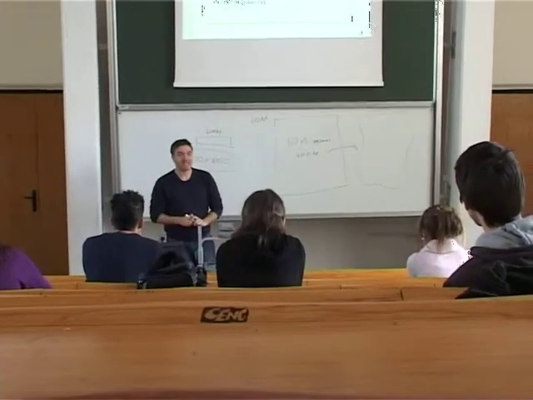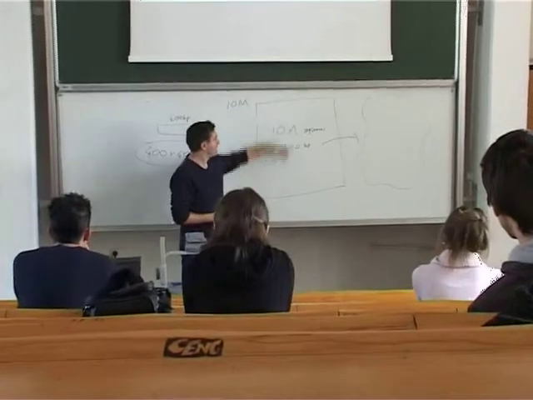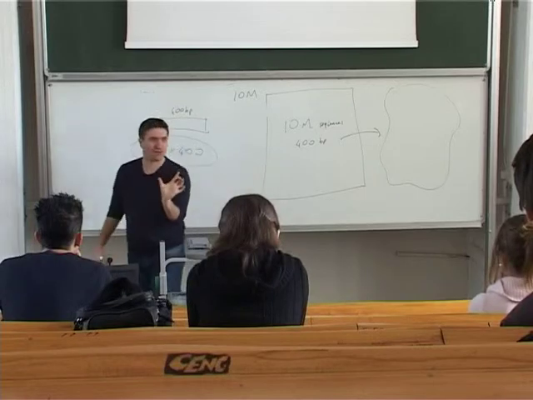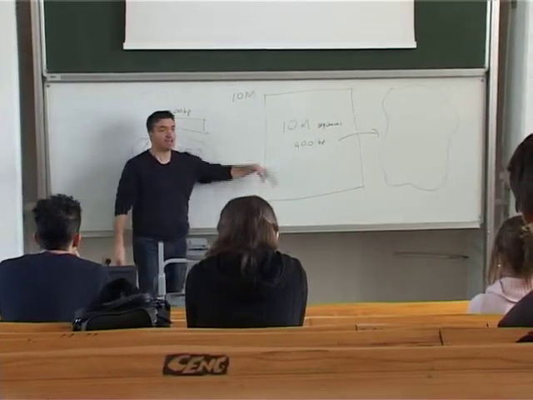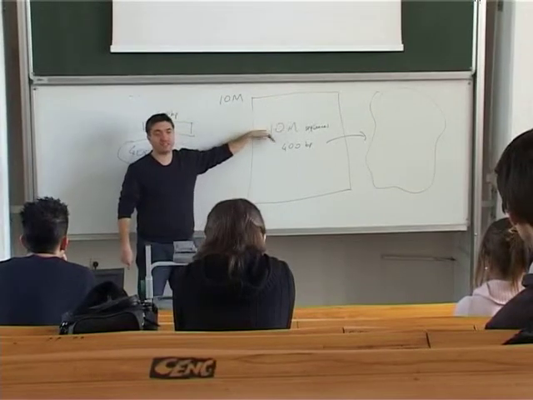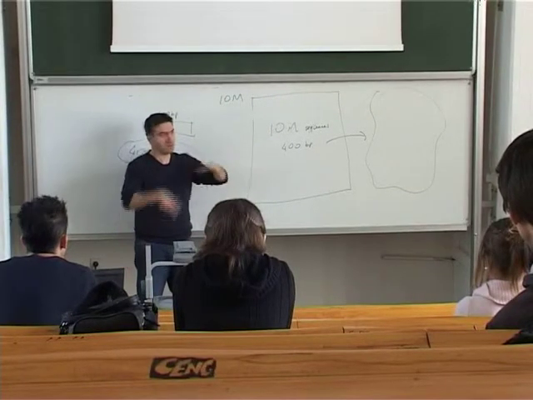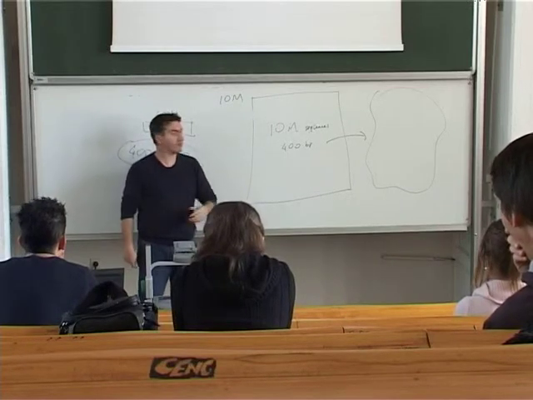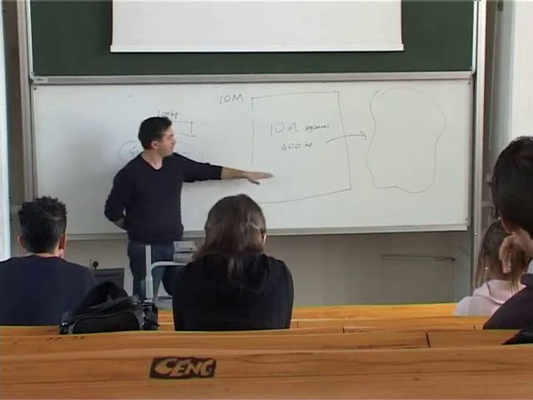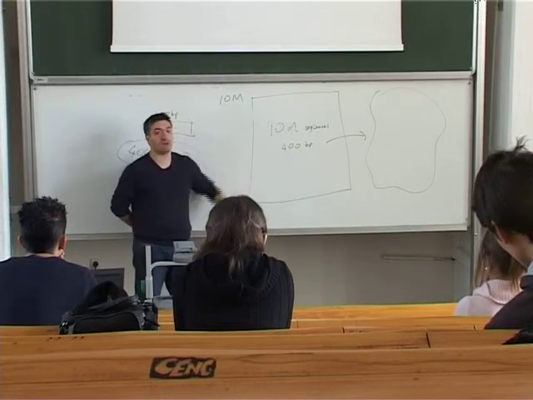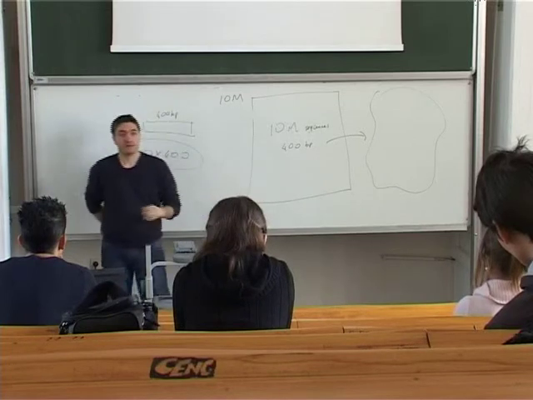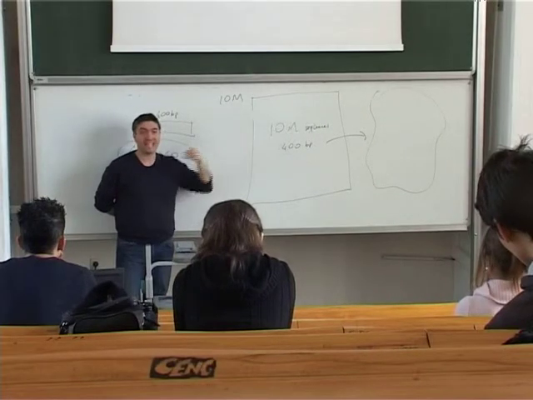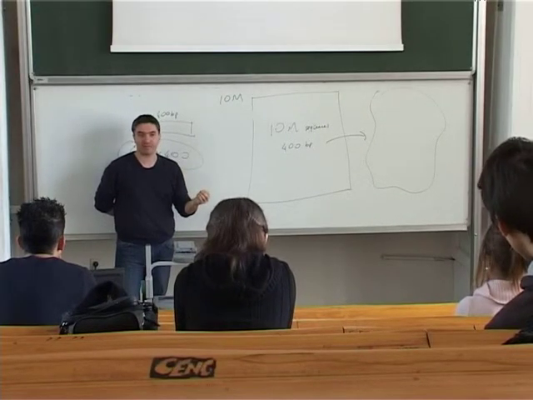Okay? BLAST cannot run directly on 10 million FASTA files. FASTA is the sequence file format. Or 10 million sequences. If you write your sequences one after another in a text file, 10 million sequences in a text file, and you say, okay, I want to do a BLAST search on these, the thing is, the BLAST algorithm is not only doing the search, indexing is part of the BLAST algorithm as well.